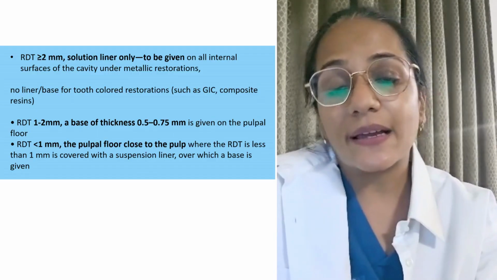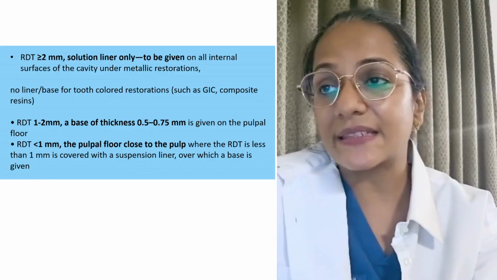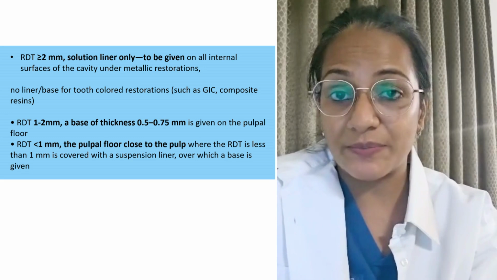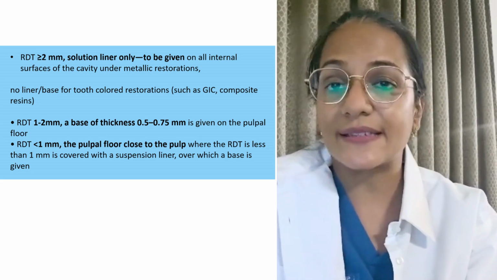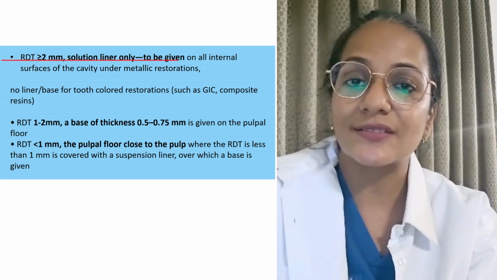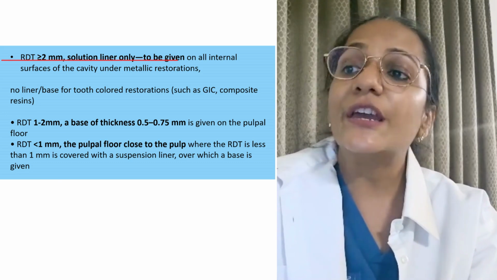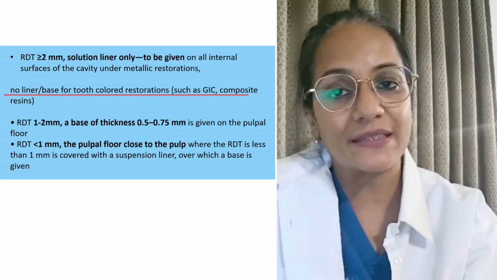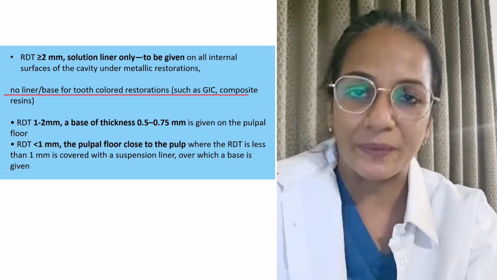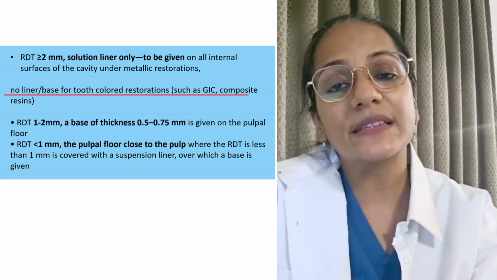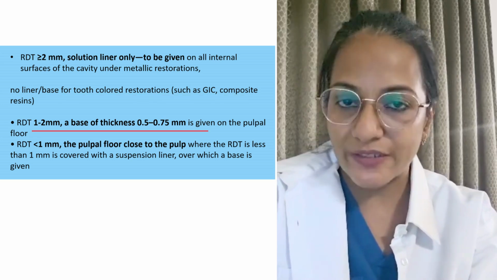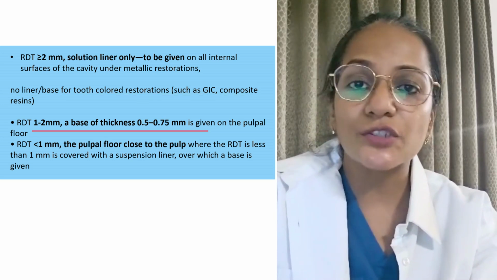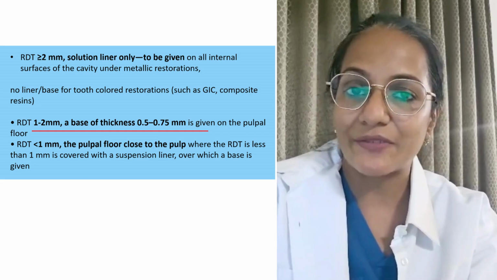So to quickly have a recap, if the remaining dentine thickness is more than or equal to 2 mm, for metallic restorations like dental amalgam, you can place solution liners, also known as varnish. No liner or base is required if it is a GIC or composite and the remaining dentine thickness is more than or equal to 2 mm. If your remaining dentine thickness is 1 to 2 mm, then you can always apply a base. The usual thickness of a base is 0.5 to 0.75 mm.